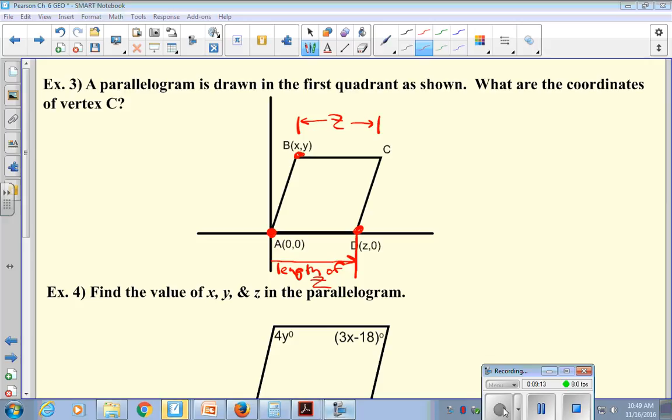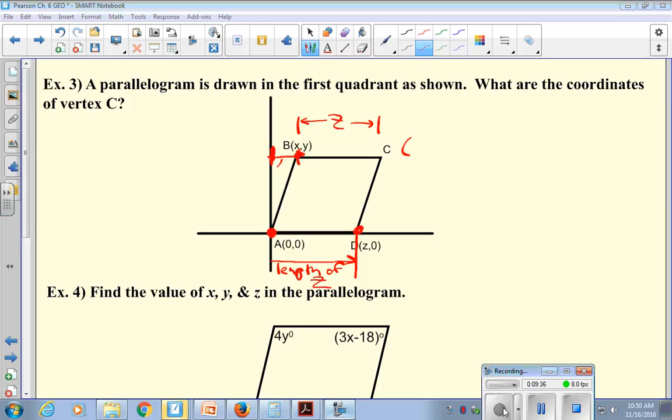But if you look, C is not the same coordinate as D. What is the distance horizontally from the y-axis to point B? What's the distance horizontally?